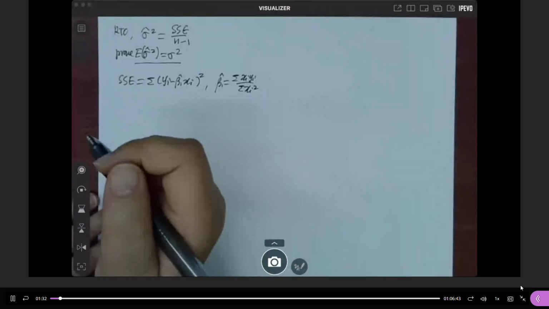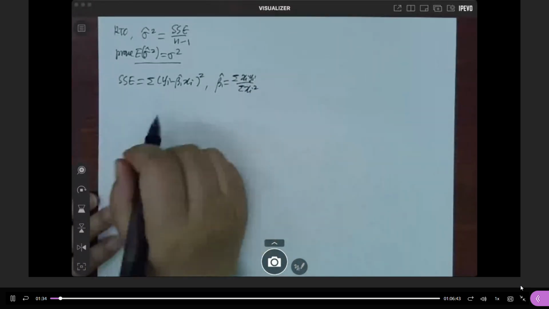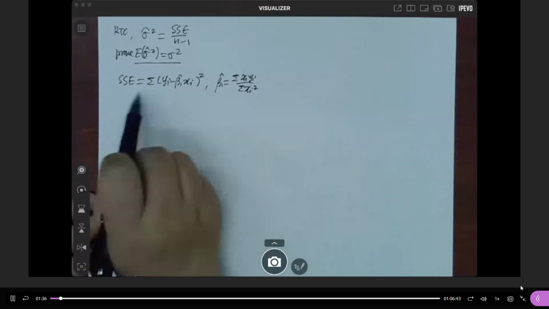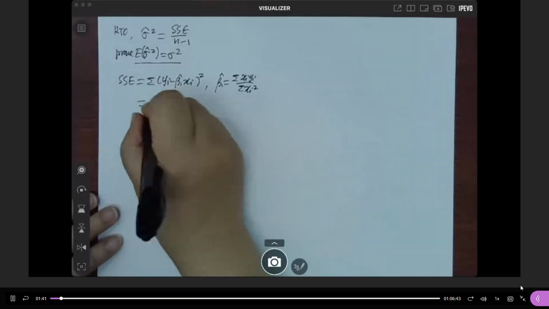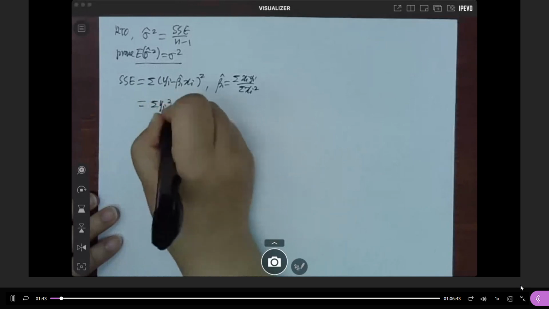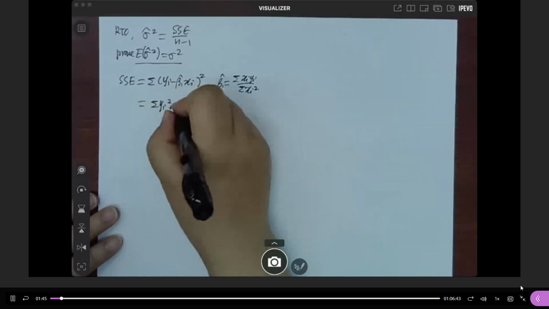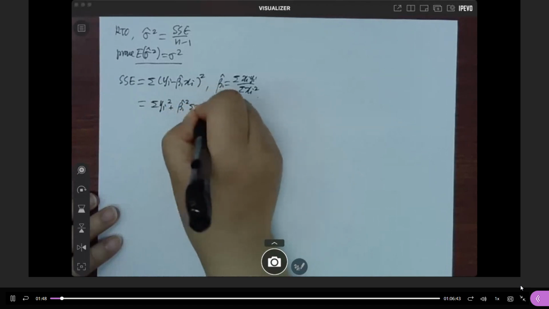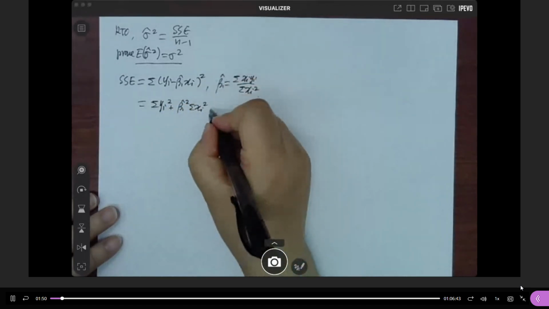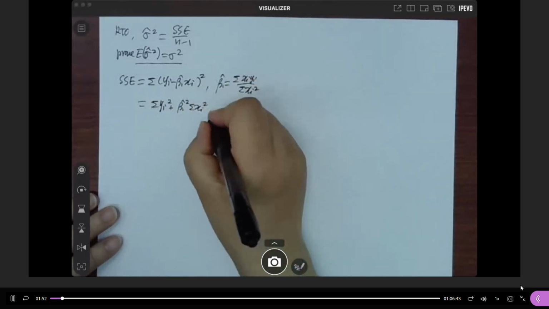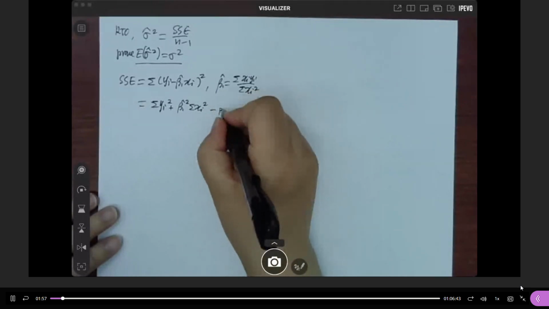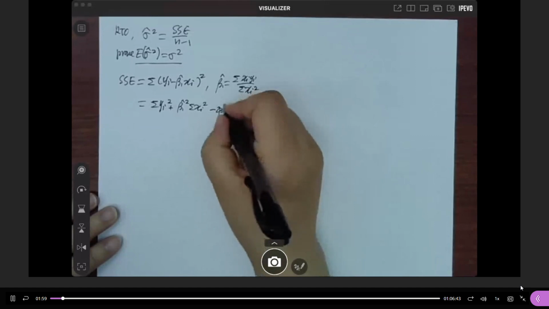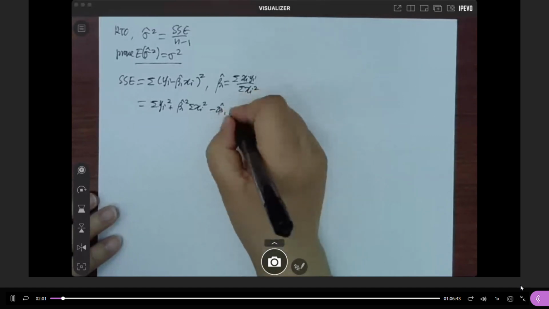First, we need to do some simplification before we use the E. So this is the summation of yi squared plus beta 1 hat squared summation xi squared. And this is where we stopped last time. So basically, you need to have negative 2 times beta 1 hat summation xi yi.